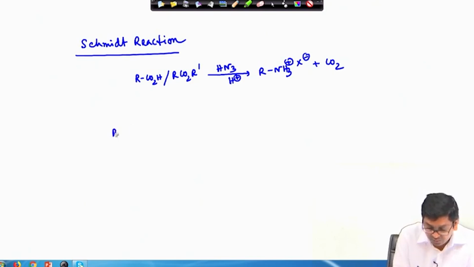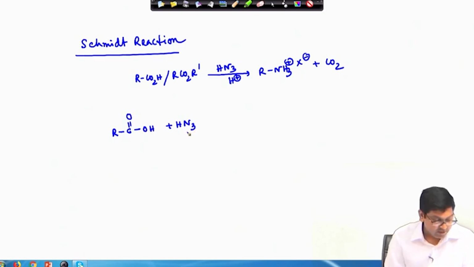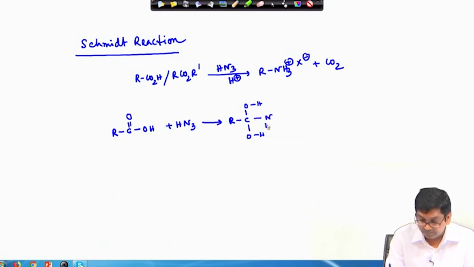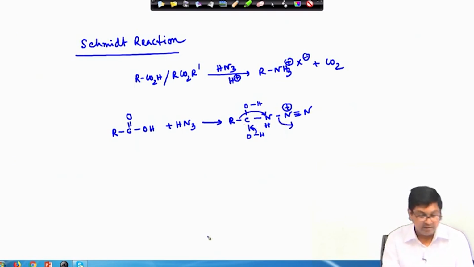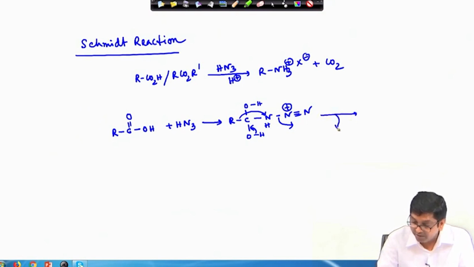So, if we see the reaction mechanism, this gives this intermediate, and once this is generated, then this 1,2 migration can happen and nitrogen can liberate. So, what you will get? You will get this carbamic acid.